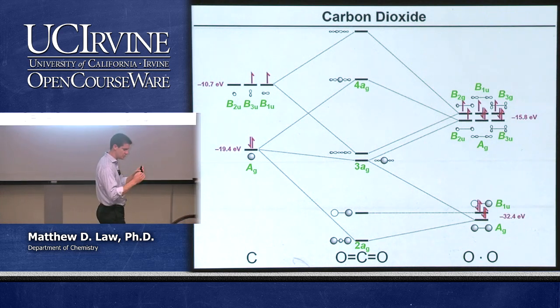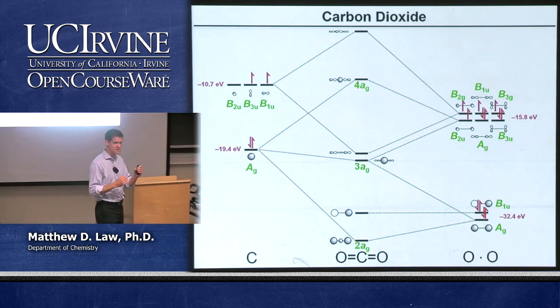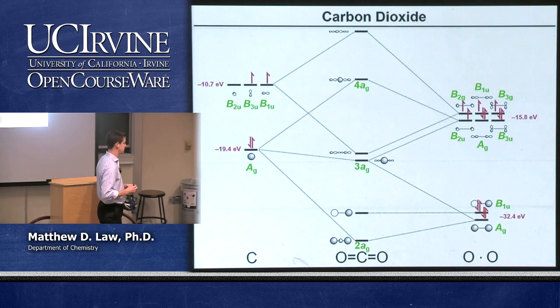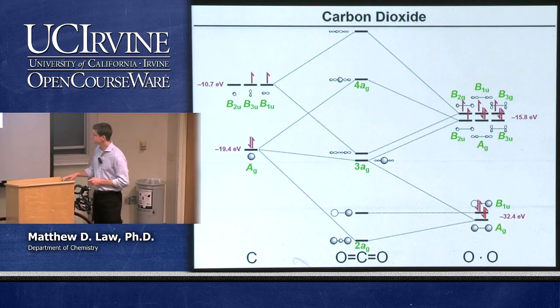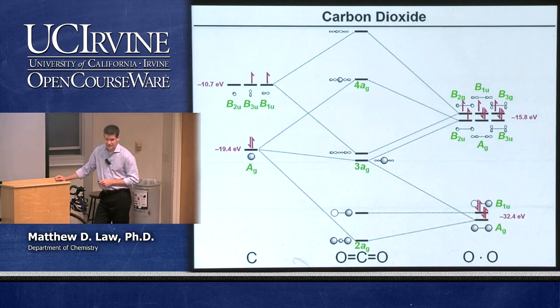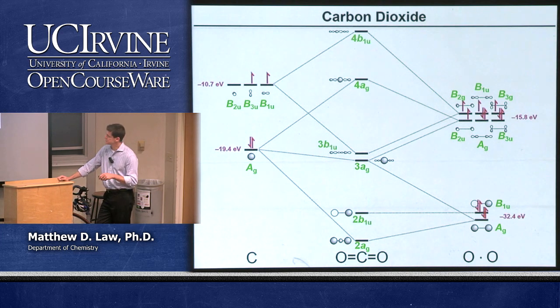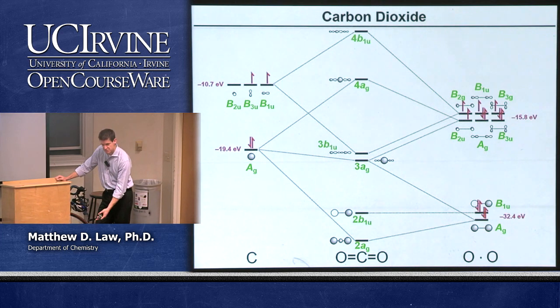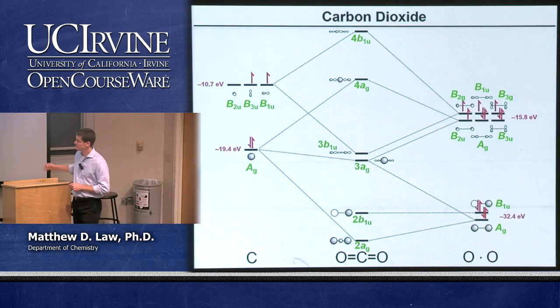It again will be slightly perturbed because of orbital mixing, but for now we just bring it over directly. Then we can label these. We would call this the second B1u because there's a 1s related B1u that's down deeper in energy. This is the third B1u, and then the fourth B1u is up here. All sigma type interactions.